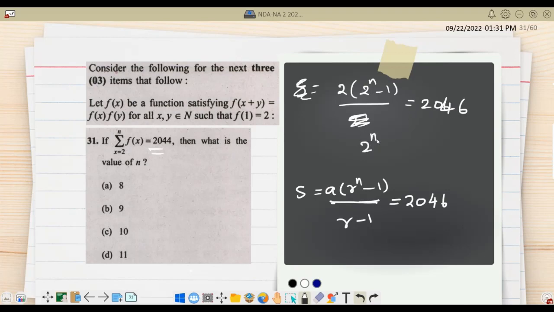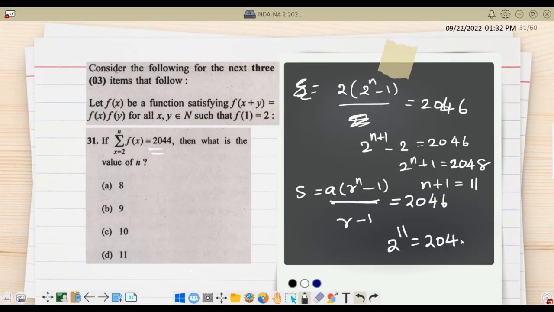So 2 power n plus 1 minus 2 is equal to 2046. 2 power n plus 1 is equal to 2048. So n plus 1 is equal to 11, because 2 power 11 is equal to 2048. So n equals 10. n equal to 10 is the answer. Option C is your answer.